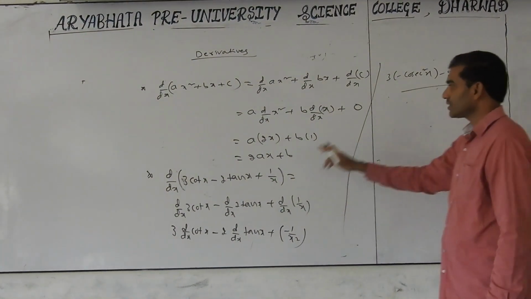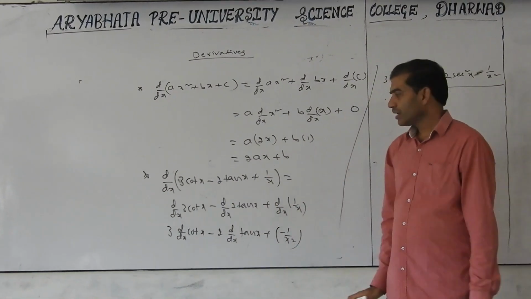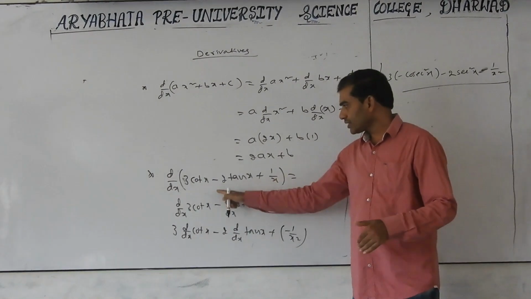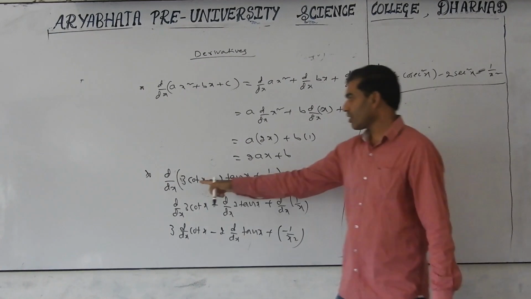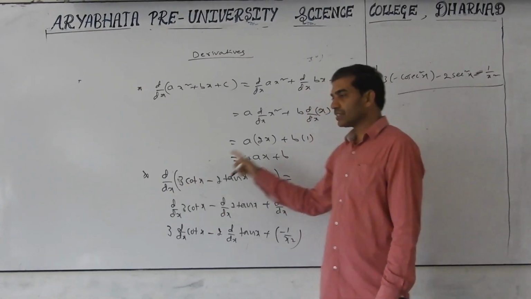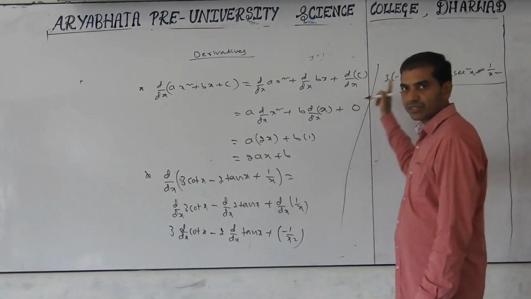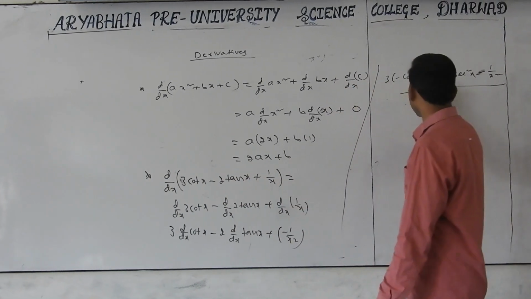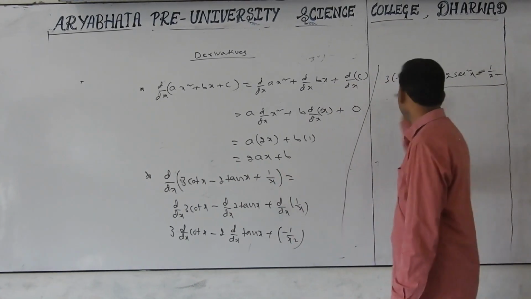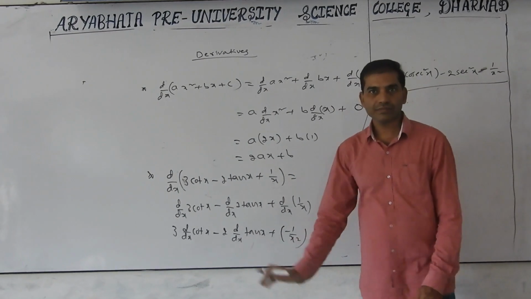This is the differentiation of this. Here, after getting the concept, after this step you can write direct also. 3 into cot x derivative is minus cosec square x, minus 2 tan x derivative is secant square x, plus 1 by x derivative is minus 1 by x square.